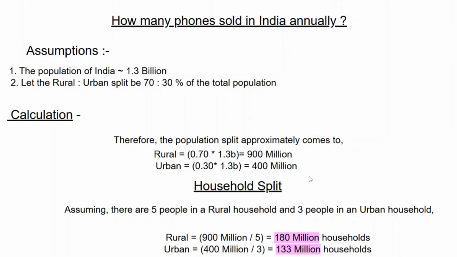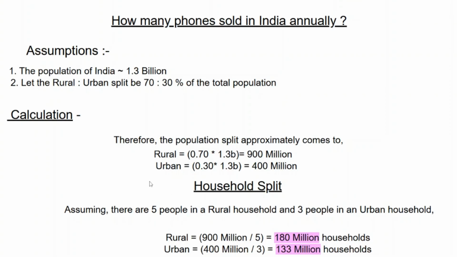Now, to calculate the total number of phones, we would not calculate the individual phones only. So, to simplify calculation, let's go about calculating the number of phones in the households. We need to calculate the total number of households in both of these categories.